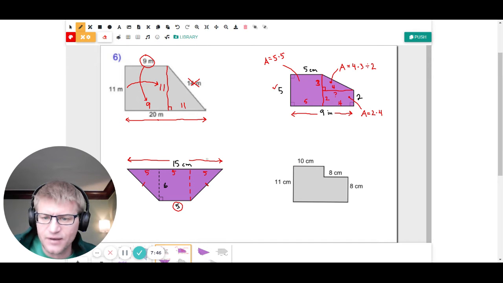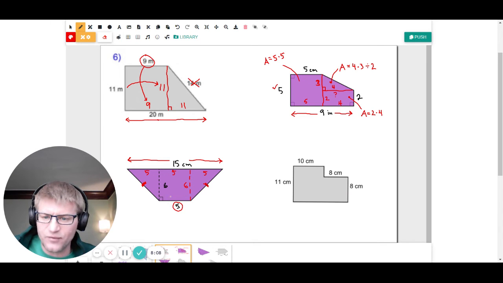The reason is that 15 divided into those three parts, if they're all equal, and I know they're equal because these two triangles are the same, then I know that they're all 5. And now what do I know about the height of this last triangle over here? Well, I know through transference that it's going to be 6.